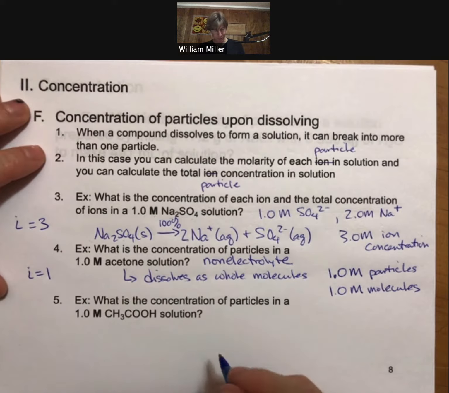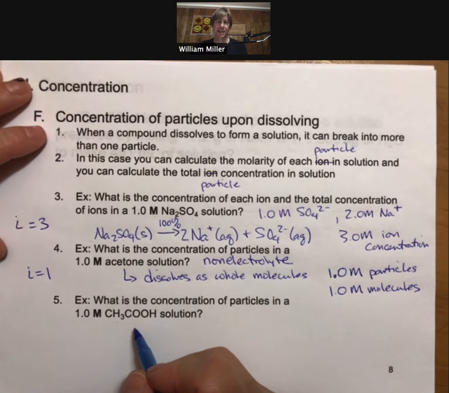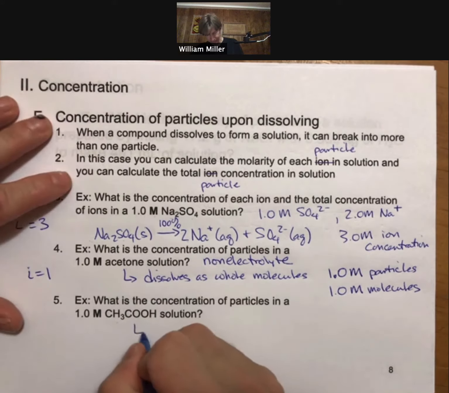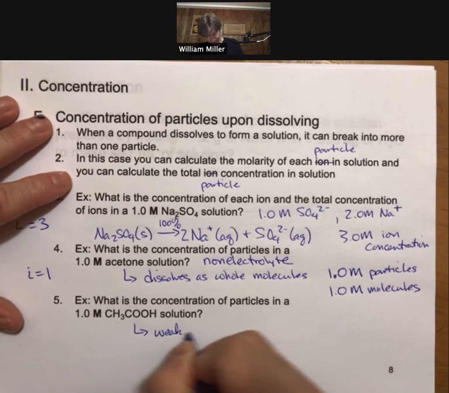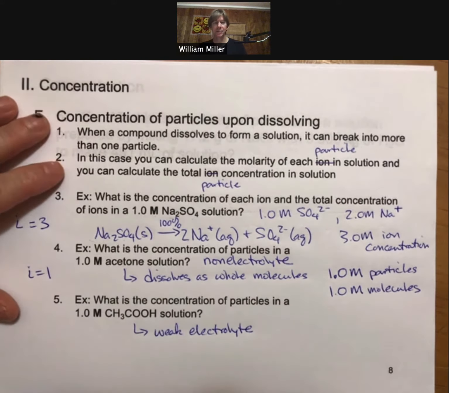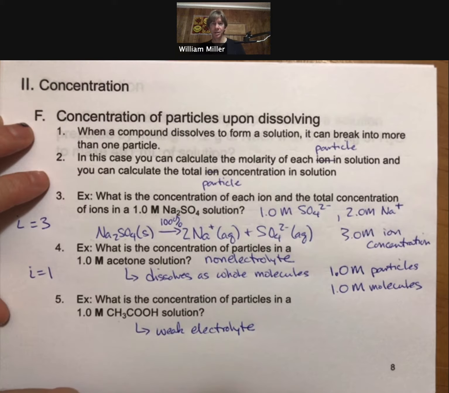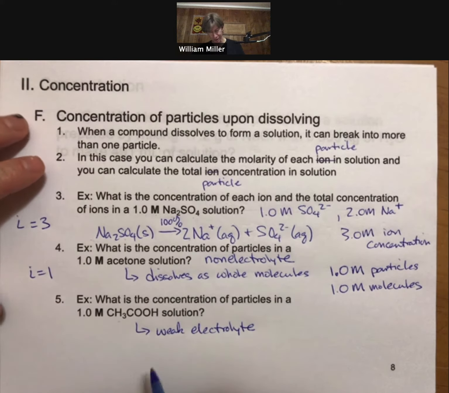What's the concentration of particles in a 1.0 molar acetic acid solution? Well, acetic acid is a weak electrolyte. And weak electrolytes are dealt with almost exclusively in other courses, especially in terms of their concentrations.